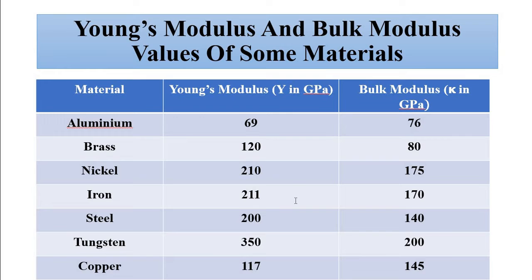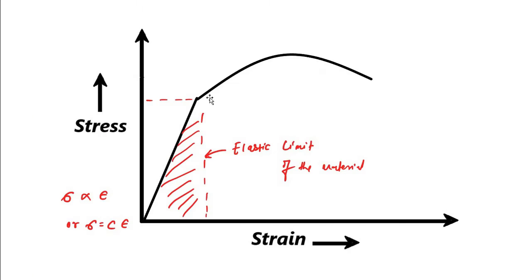The proportionality range should be high. If it is low, then that sensor will be useless. The area under this proportionality curve should be more for strain sensors. So this is the requirement.